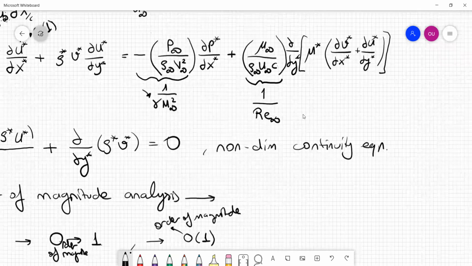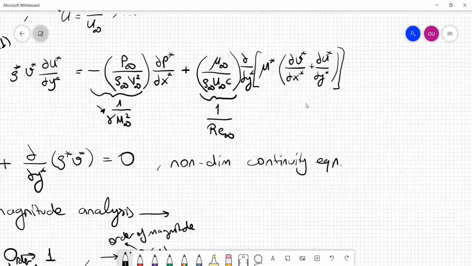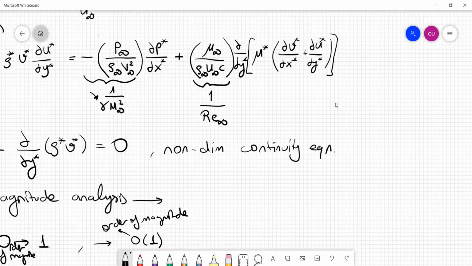Here, this is the Reynolds number. You are right. It's not actually that straightforward. You cannot see it from this equation, right? Okay, I will try to find a better way to explain it. Okay, I will check it.